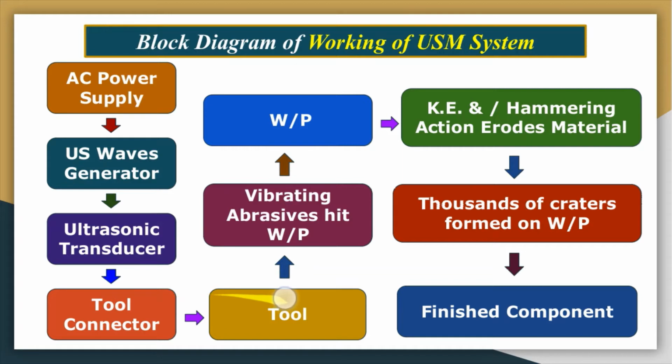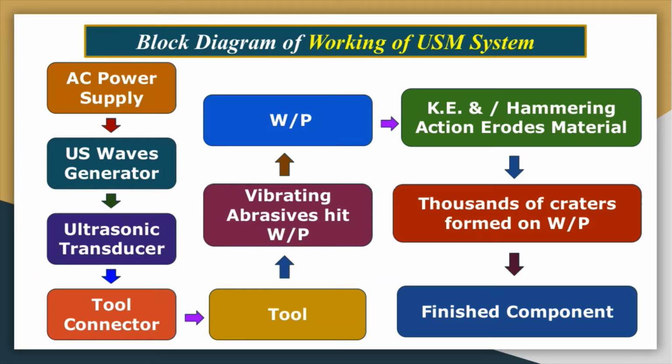The transducer produces ultrasonic vibrations which are transferred to the tool through this tool connector. Hence the tool will vibrate at ultrasonic frequency, and between the vibratory tool and the workpiece there is a slurry which consists of liquid as well as abrasive particles.